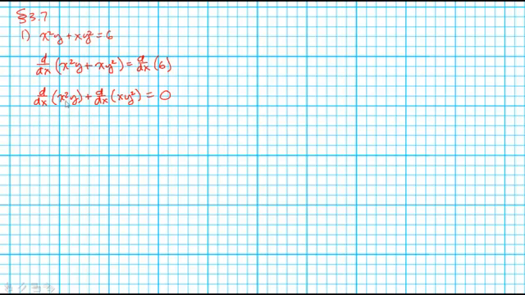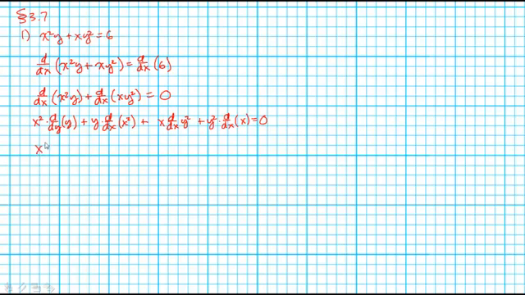So the derivative of x squared y is going to be first times the derivative of the second plus the second times the derivative of the first. And now I'm ready to handle this term, in which case I get first times the derivative of the second plus the second times the derivative of the first.